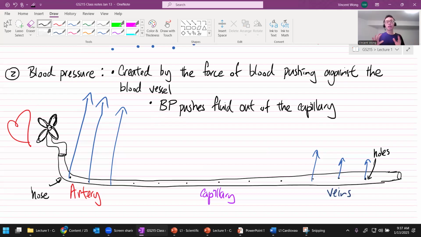You're pushing the fluid portion of the blood out of the capillary. We'll see that next class. If you separate blood, it's mostly water. That's the fluid portion of the blood, along with various things, ions, nutrients, and whatnot. So blood pressure will be pushing them out.